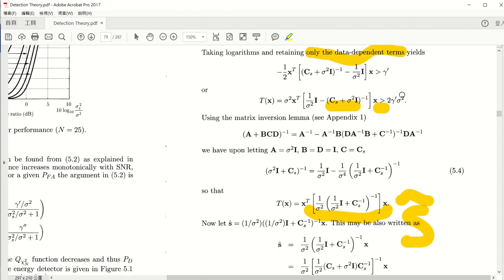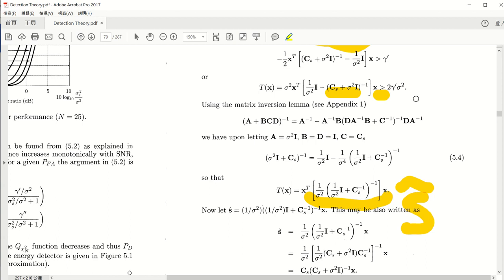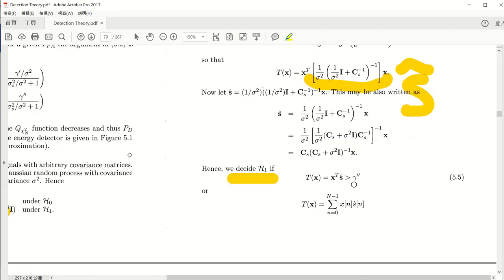Think about this. We have some variables, in fact not variables but constants, that are put at the right hand side. So we just make the right hand side a simple notation, and call it gamma double prime. All right, so we have x transpose S hat equal to a summation of x_n times S hat_n, because if we write it out, x is something like this.